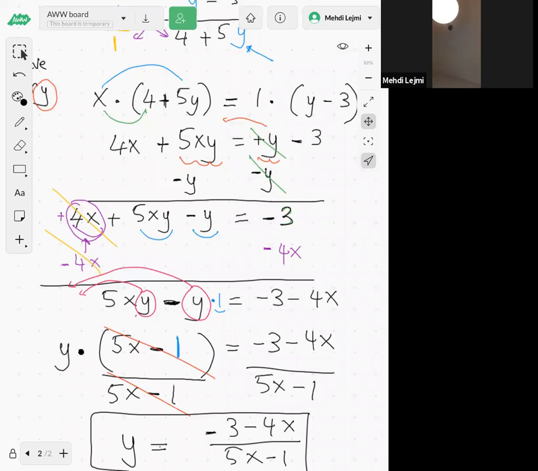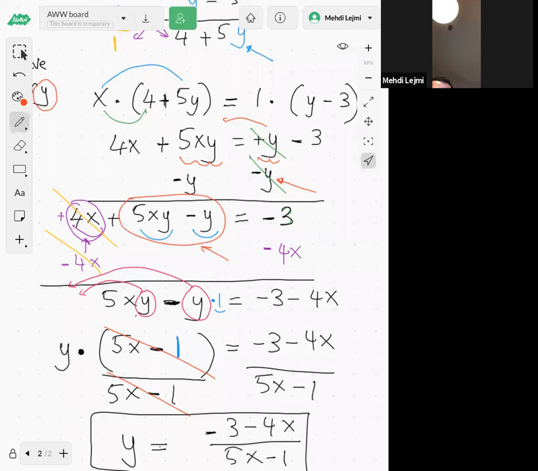Okay. So that's why you see here I subtracted this y. So now on the left side, all the y's are on the left side.